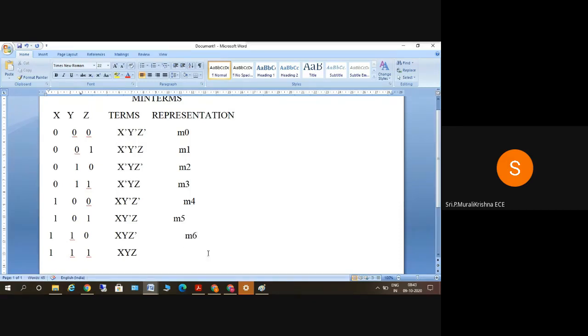This is m6 and this is m7. And these are the Minterms here. So these are the Minterms for 3 input combinations. We'll be having 8 Minterms here.